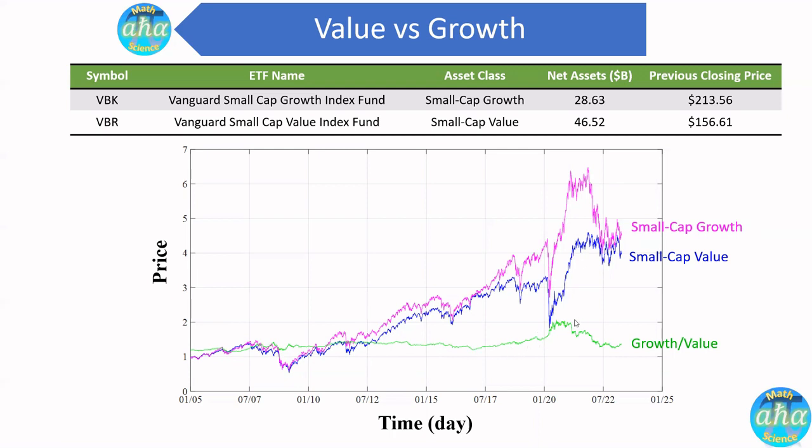And then this ratio even went above 2 in 2021, meaning that growth was really outperforming value during that time period. So let's take a look at this ratio of growth to value more carefully.